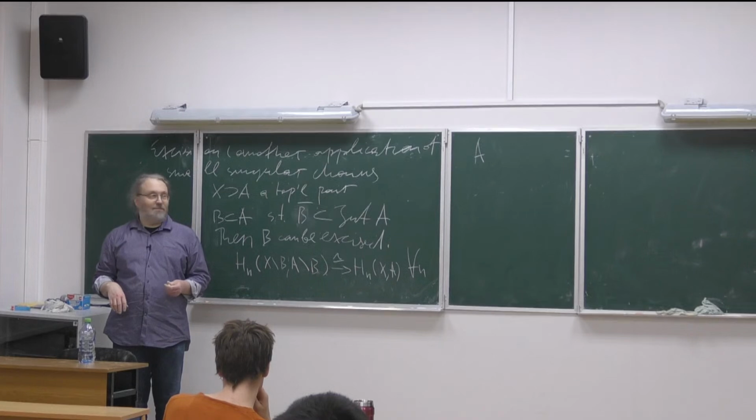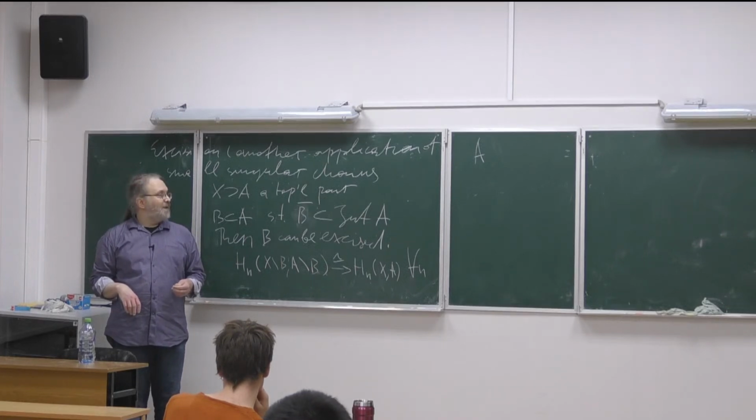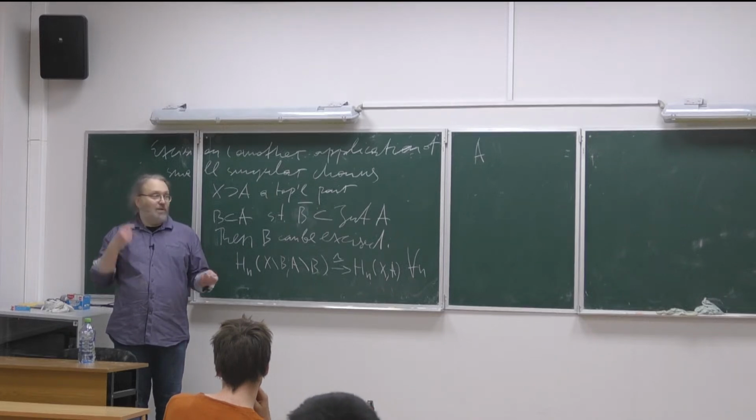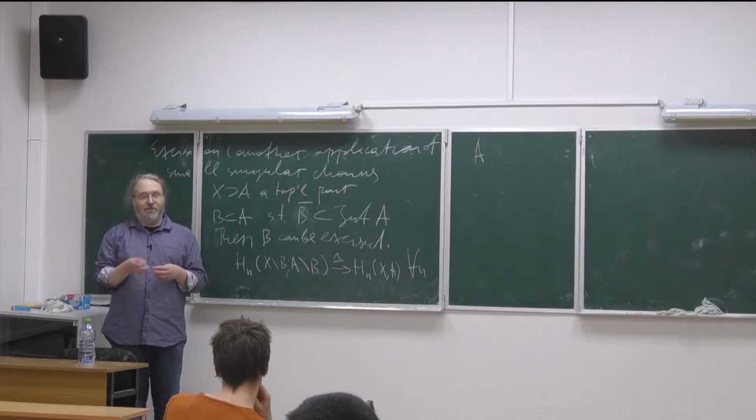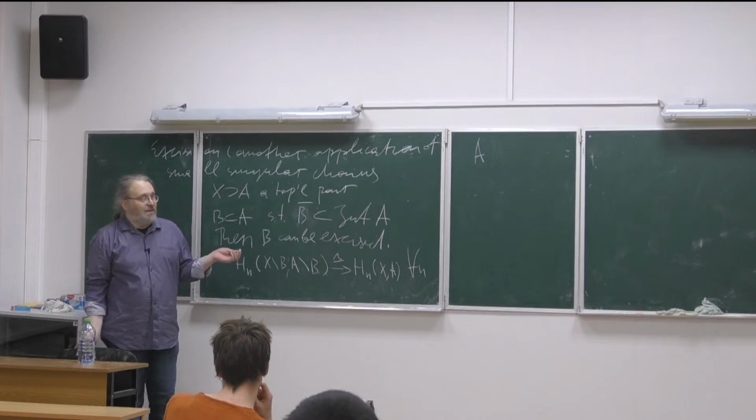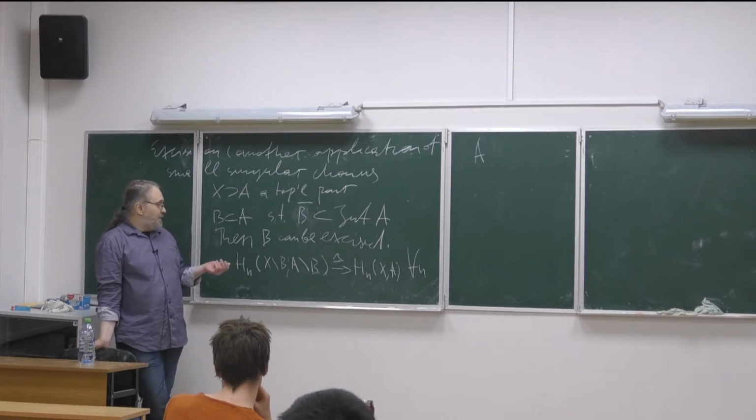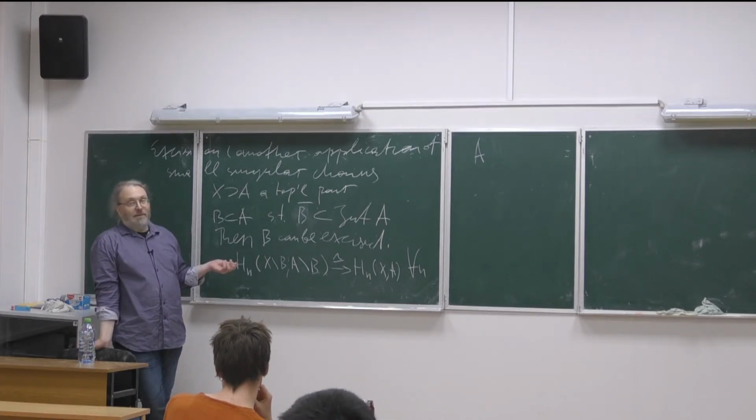X minus A? Well, X minus A and A rarely have interiors that cover X, because then A would need to be open and closed, and this is rare. So what do we take?